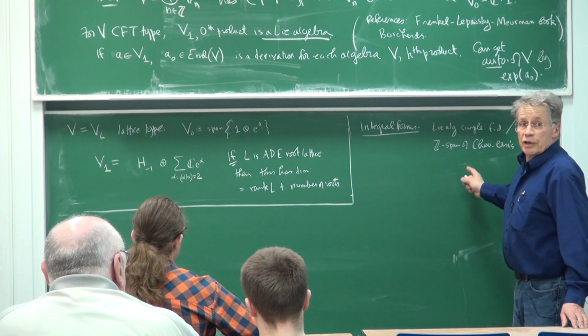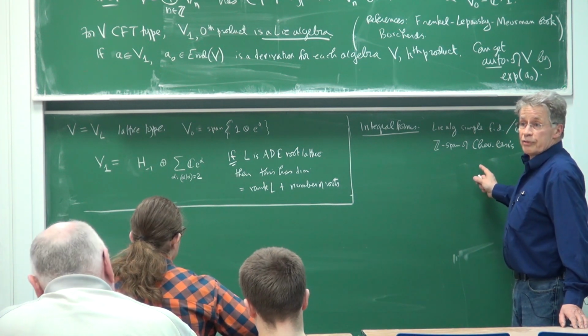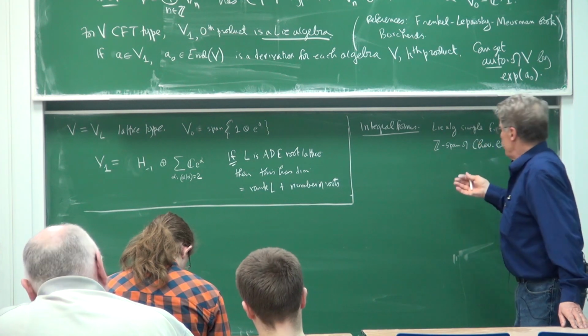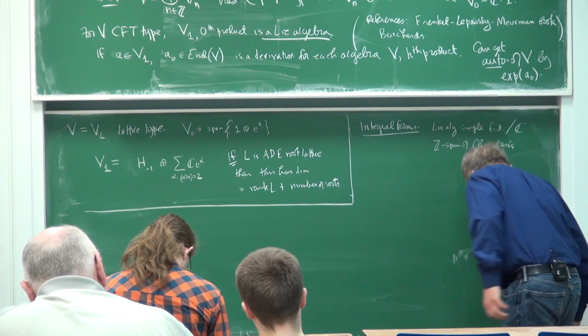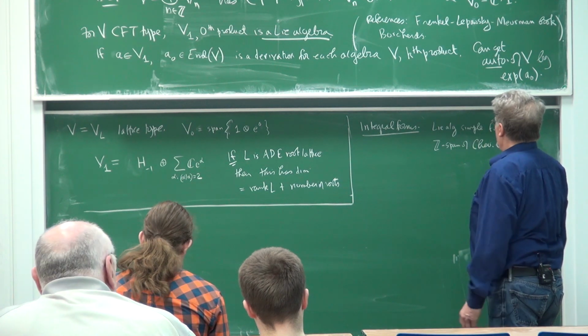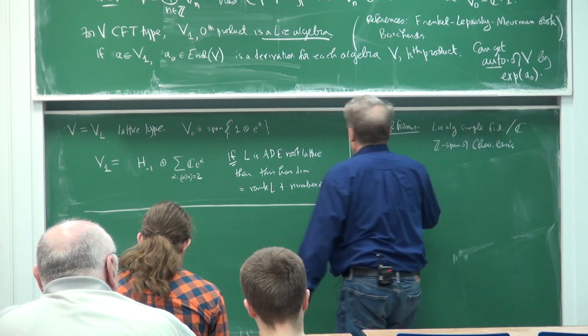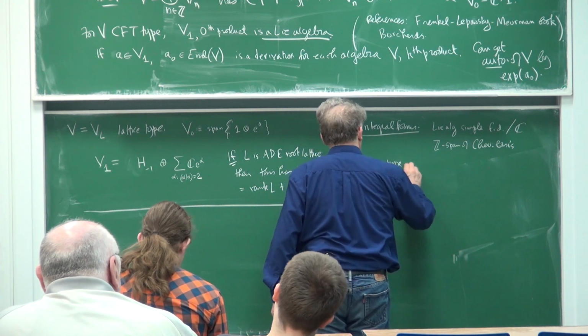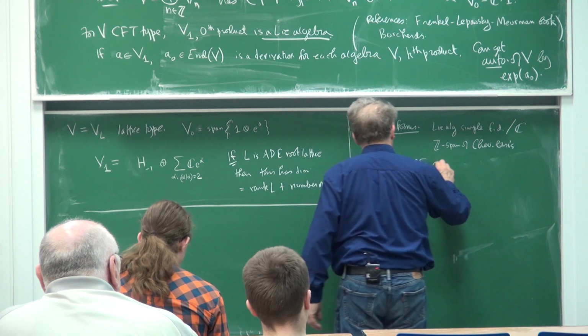If you take the product of any two members of a Chevalley basis, you get an integer linear combination of members of the Chevalley basis. Okay, but now let's say L is type ADE, root lattice.